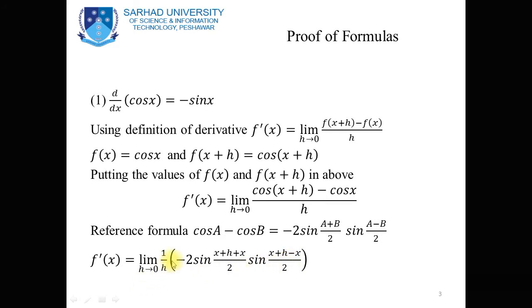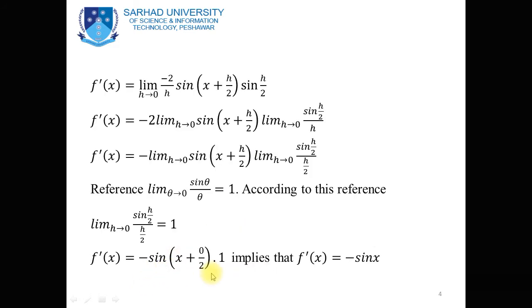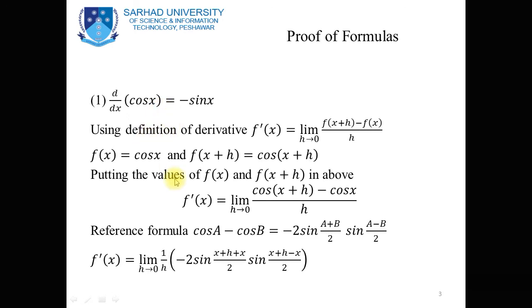Now for this implication, the derivative of the function is equal to limit h tends to 0 of minus 2 by h. This 1 over h is actually from the formula cos of x plus h minus cos x divided by h, so we can write 1 over h into the expression.